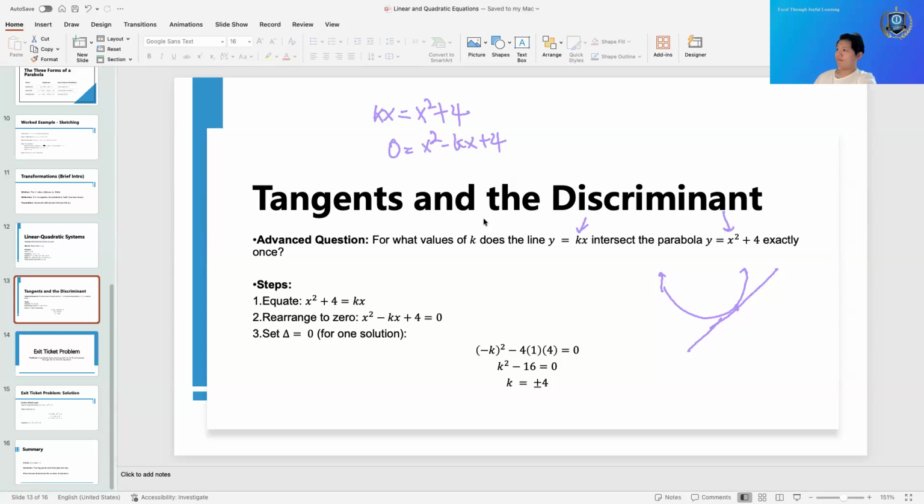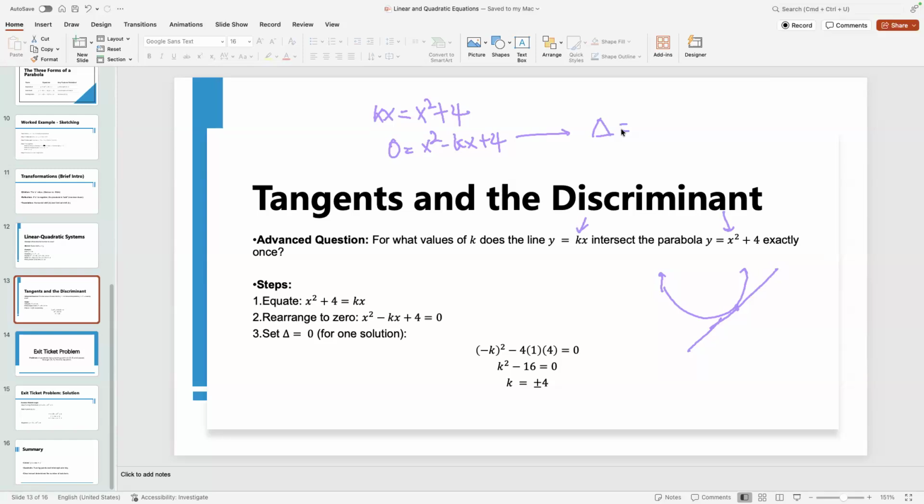Now what do I have? I have a quadratic expression, right? And I could look for the number of solutions by looking at the discriminant. Can you tell me what's the discriminant for this one? What's the coefficient of x?